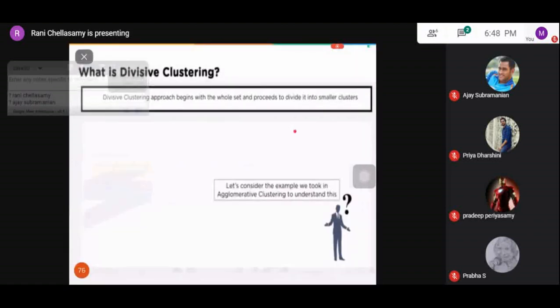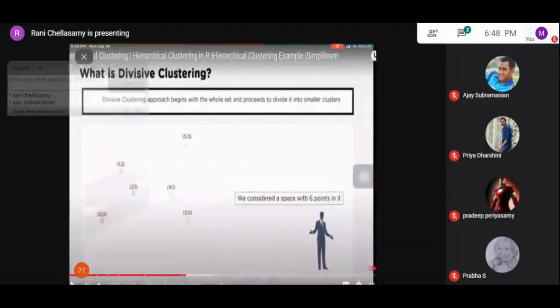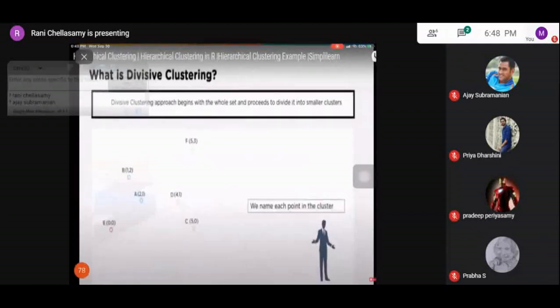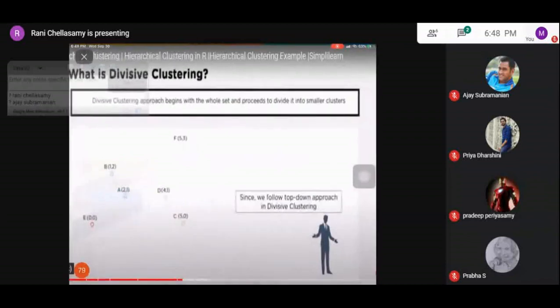Let us consider an example, the one we took in the agglomerative clustering. We have considered 6 data points in the plane. Now we name each point A, B, C, D, E, F. Shall we follow the top-down approach in divisive clustering?